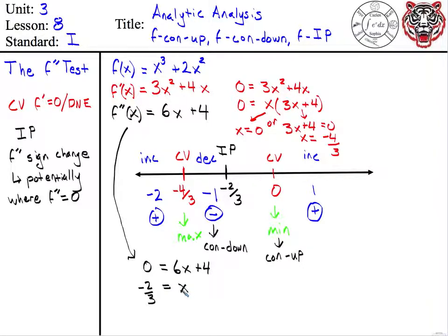We found that inflection point is at x equals negative 2/3, and we marked that with a tick mark. Then we needed a test point on the left and a test point on the right. It didn't matter which point. If we plug in a point on the left and get a negative value for f double prime, that's concave down. If we plug in a point on the right and it's positive, as in our example, then that's concave up because it's a positive value.